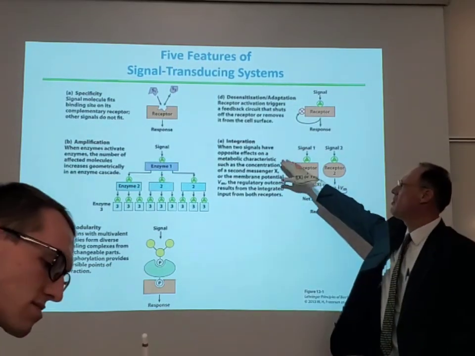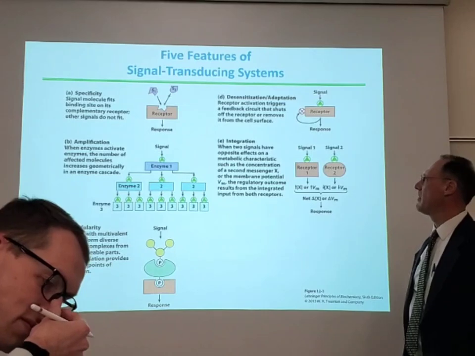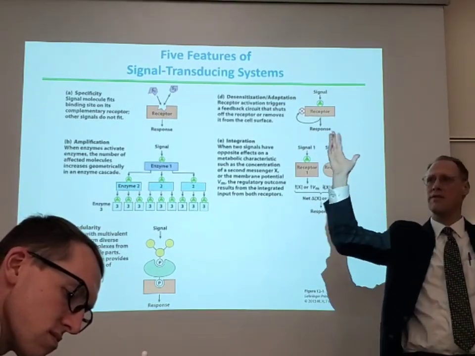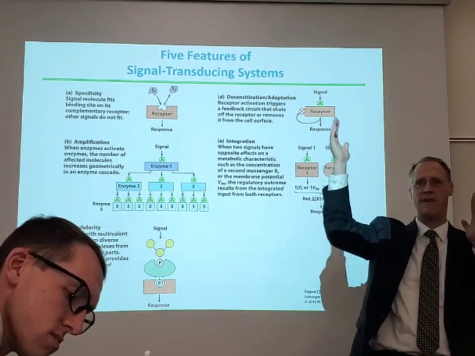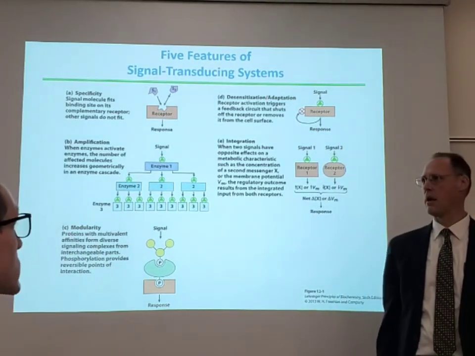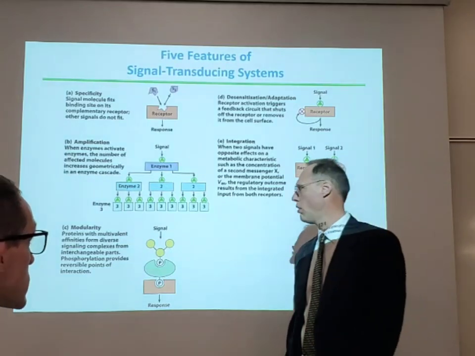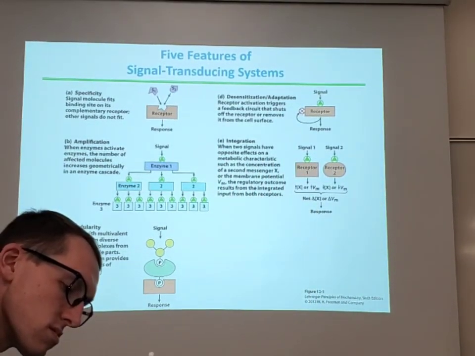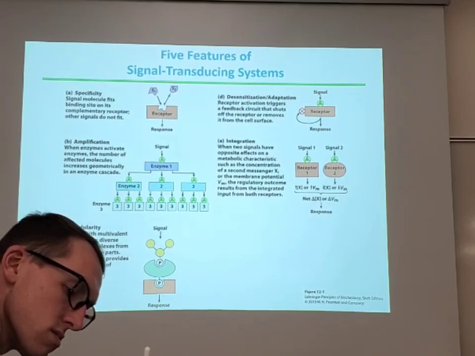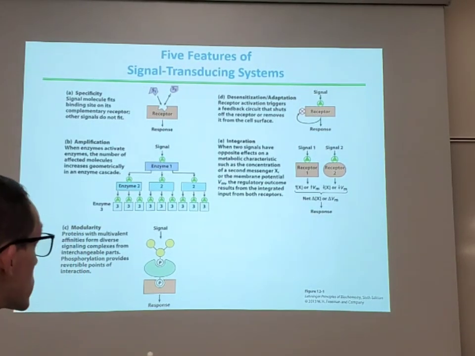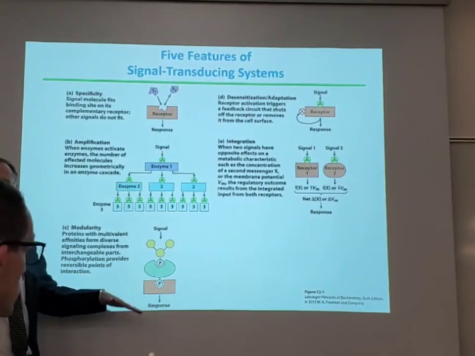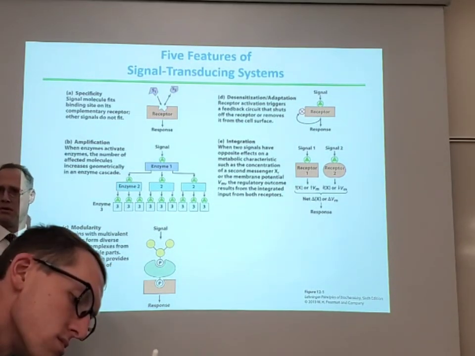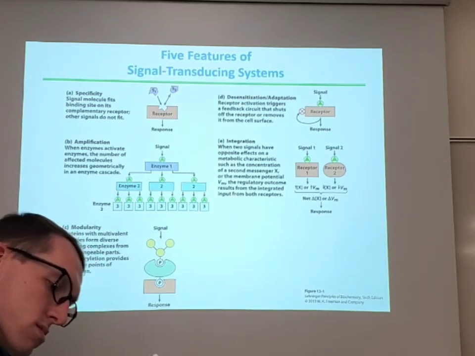Integration, when two signals have opposite effects on it, but this is really talking about the fact that two different signals are affecting the outcome. It's taking its points from not just one. Modularity, we're dealing with that where certain proteins, we start with a signal and then it has other downstream pieces that it affects, but that signal could be used in multiple ways.